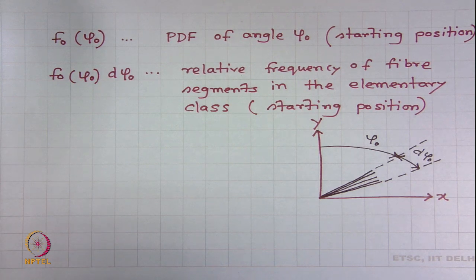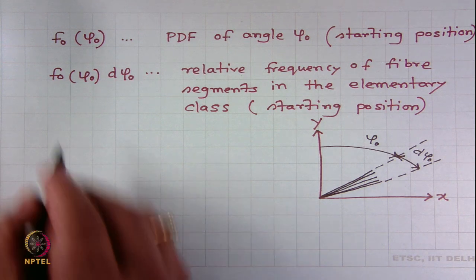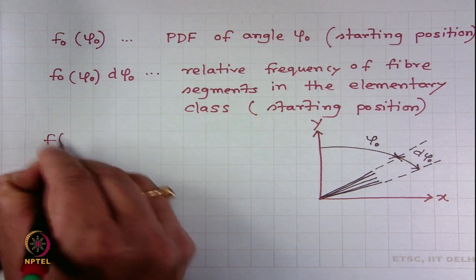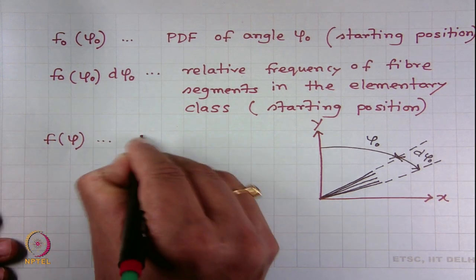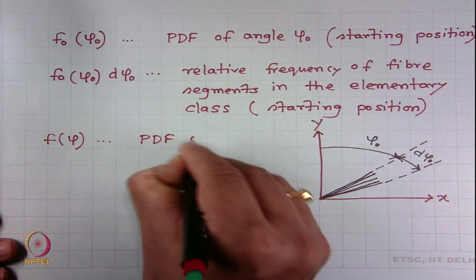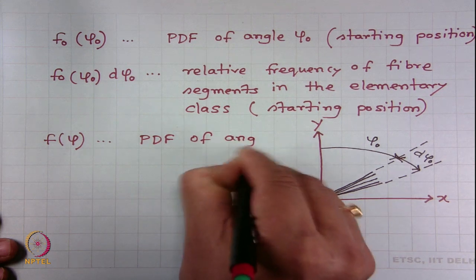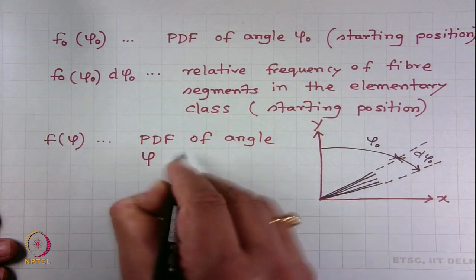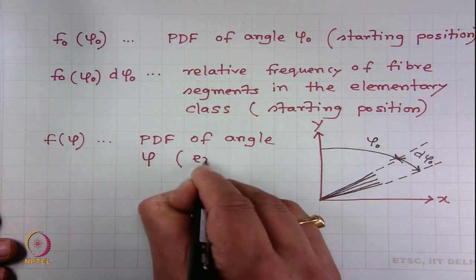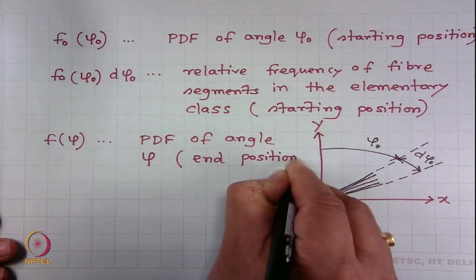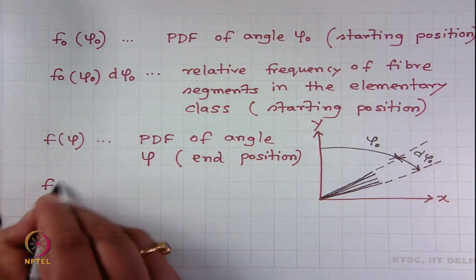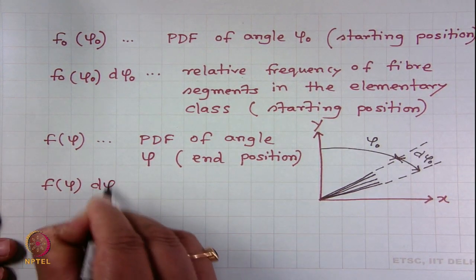Okay. Now, we use 2 more symbols. One, f of psi, the PDF of angle psi when it becomes angle psi, the end position. And then what will be f psi d psi?